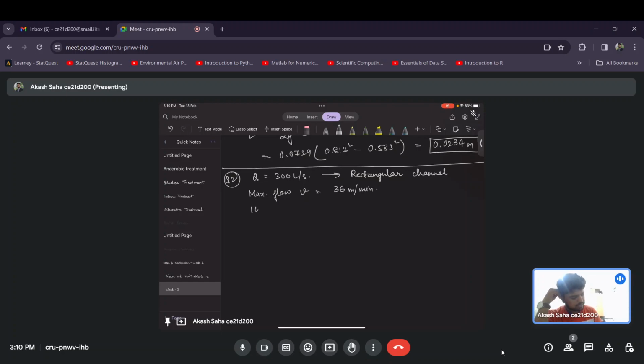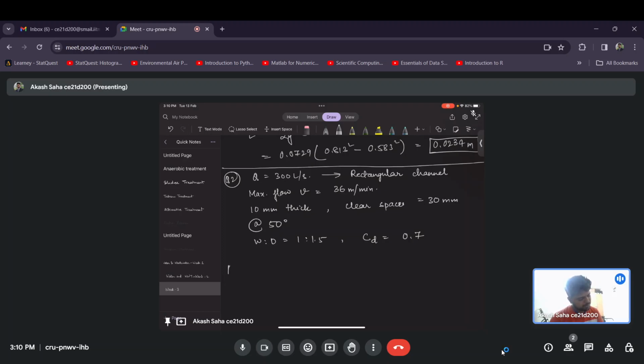The bars are 10 mm thick and the clear space is 30 mm, and the bars are inclined at 50 degrees. The width to depth ratio is given as 1 is to 1.5 and the coefficient of discharge CD is given as 0.7. So we'll solve this problem again.